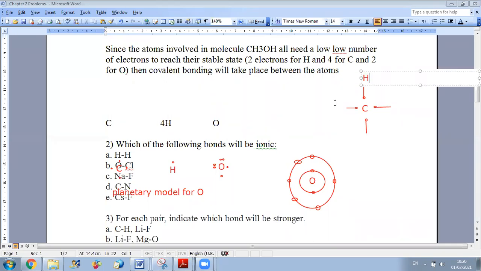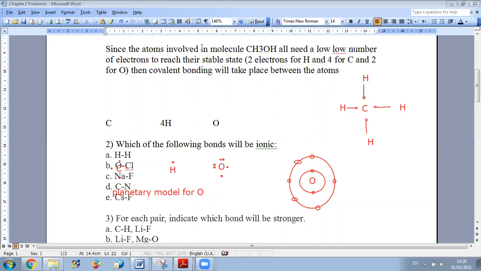Very good. If I do this, it will not be able to share with O. So I cannot put the 4 hydrogen atoms sharing electrons only with C, because O will not have a place in this molecule, since this molecule is already stable and it will not need any other atom to be in the molecule.